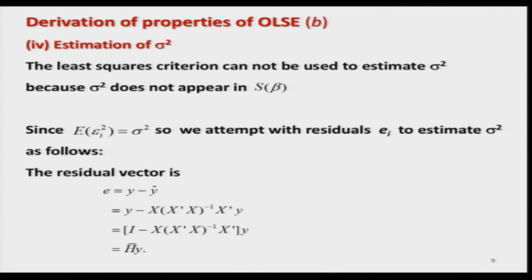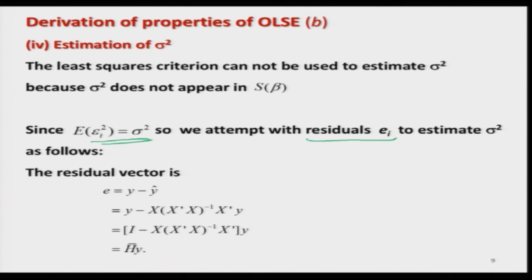Okay, so now we attempt it, because we know that the expected value of epsilon i square is sigma square for all i. So I can use the residuals to estimate the variance sigma square. How?